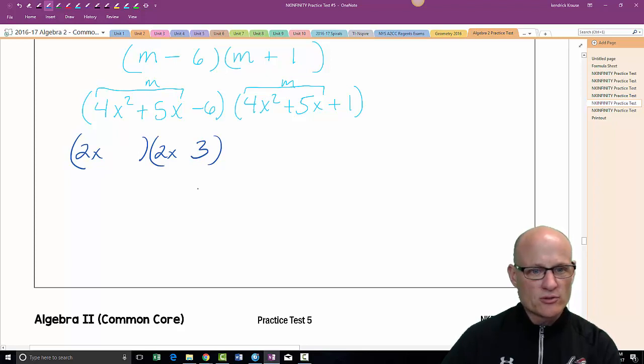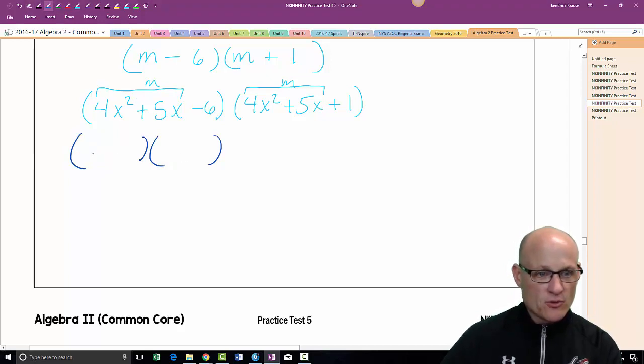That's not going to work. Six and 1's not going to work. How about 4x? Let's try 4x and x. If I called this 2 and I called this 3, yeah, there we go. That's 8, and that's 3. And I want positive and negative.